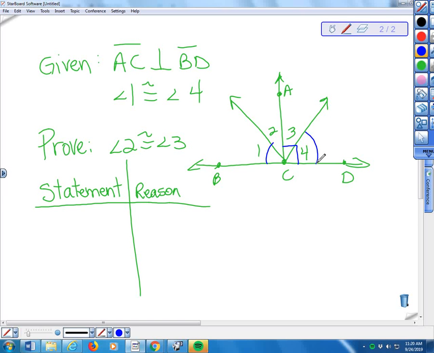Sometimes I just start writing down what I know. For my first statement, I say AC is perpendicular to BD, and angle 1 is congruent to angle 4, given.